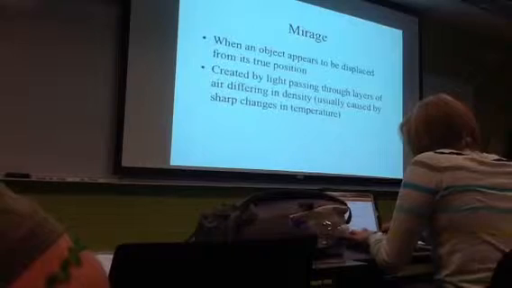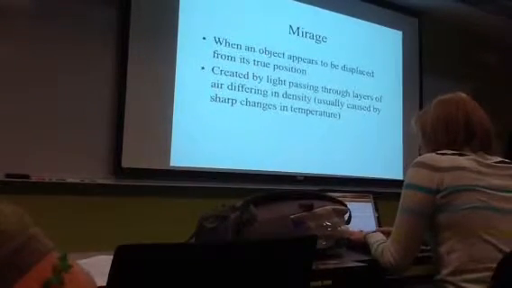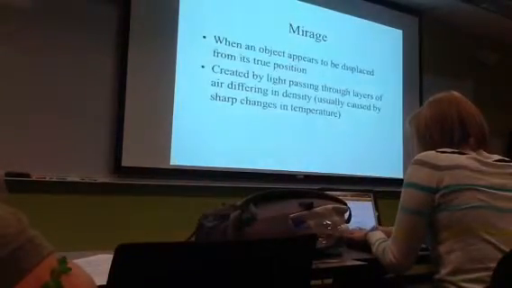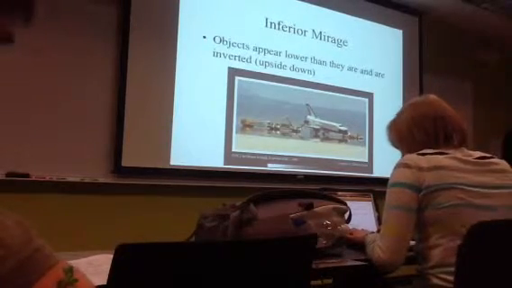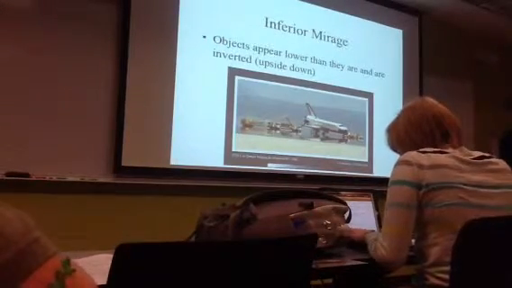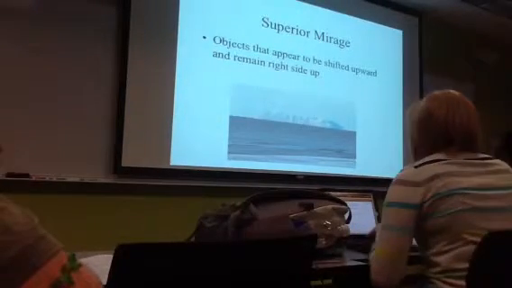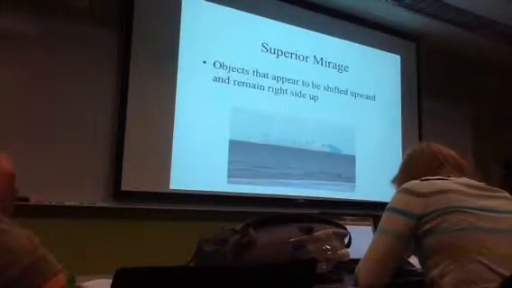Right. Mirages: know how they are formed. Know what an inferior mirage is and a superior mirage, and the difference between the two. Inferior, it's upside down. Superior makes something look like it's higher up than it is.